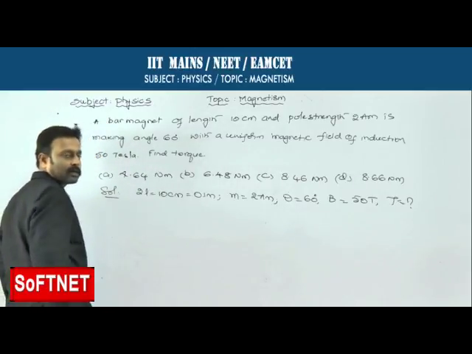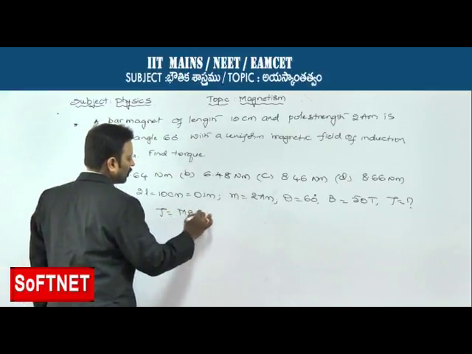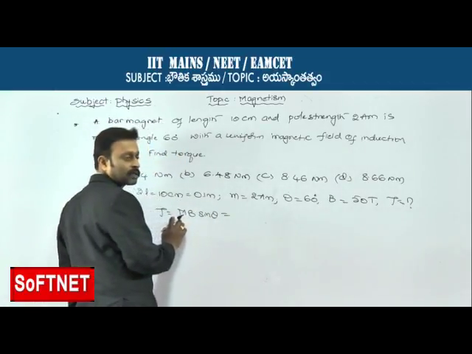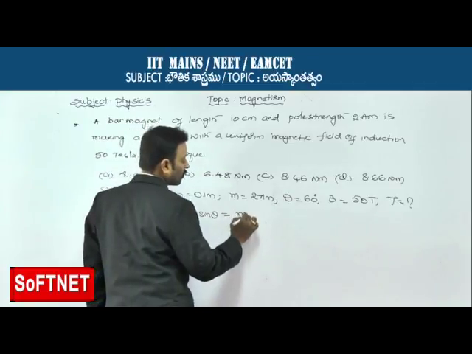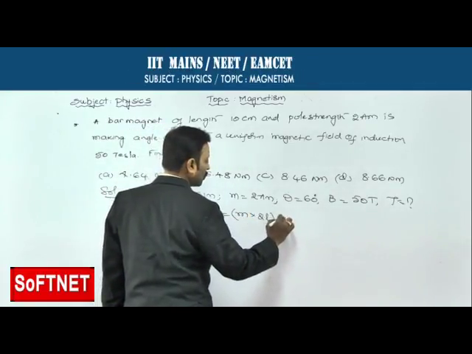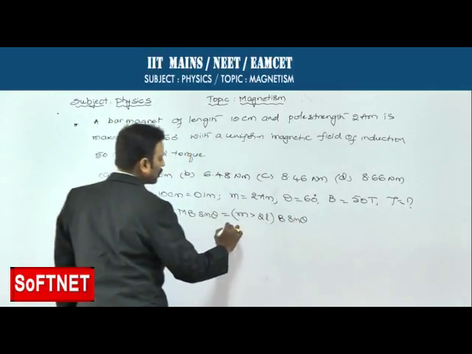The formula for torque is again tau equal to M B sin theta, where capital M is the magnetic moment, which is the product of pole strength and magnetic length, into B sin theta. You can directly substitute the values.